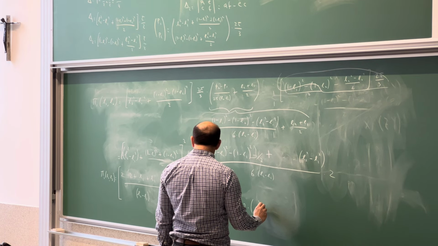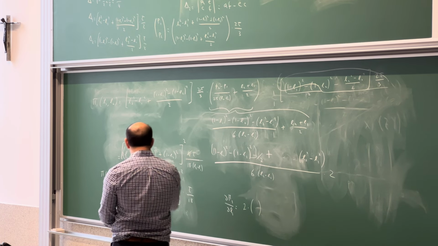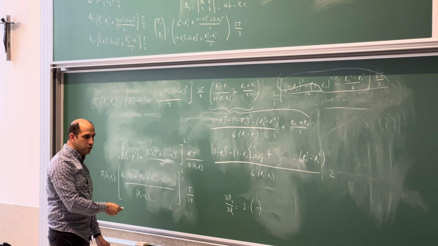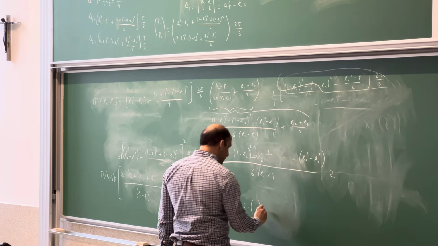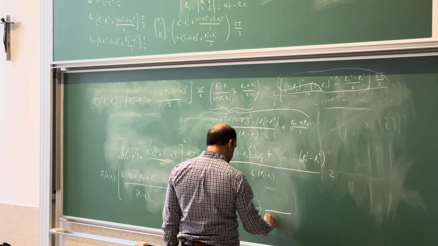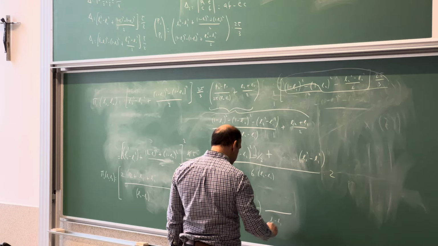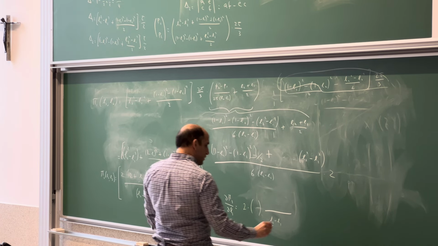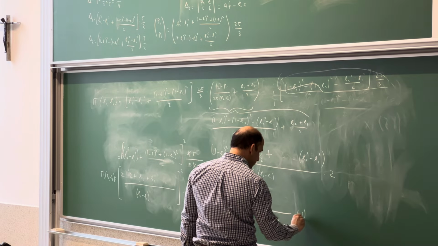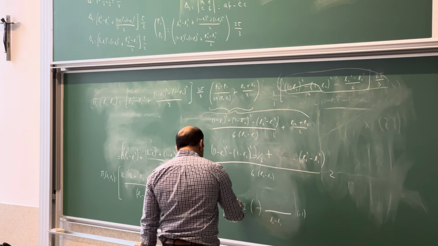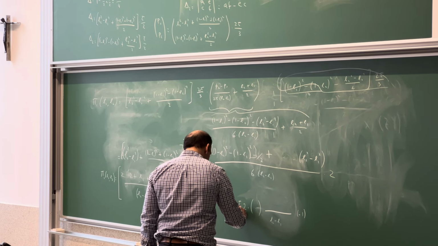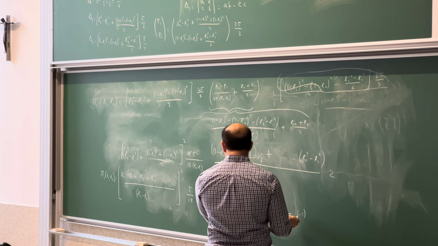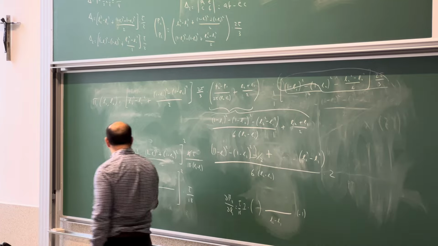Times the derivative of what's inside here with respect to L1, which is equal to L2 minus L1 times minus 1. Of course, times minus 1, right? Because there's a minus here.